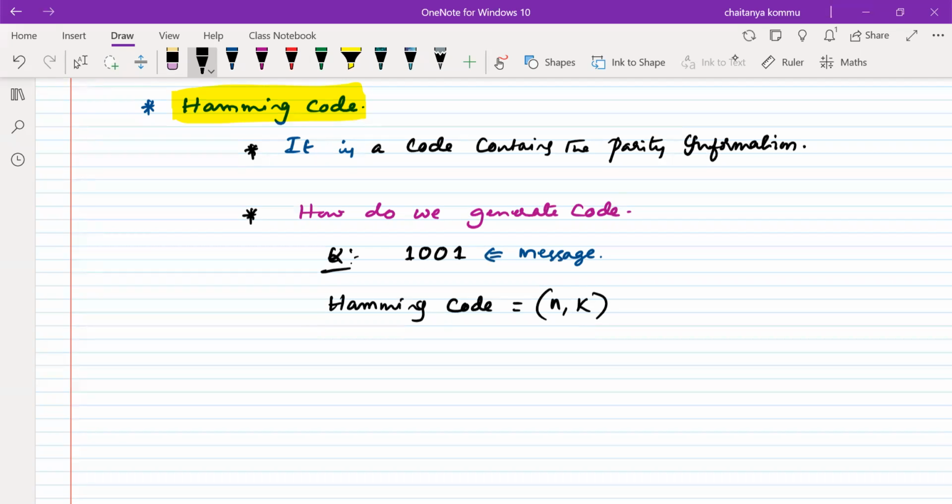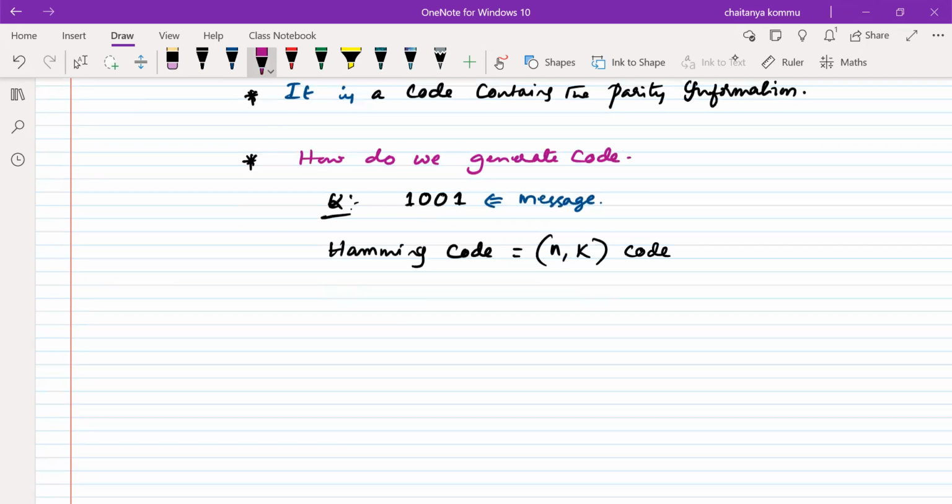So the (N, k) code is also called a Hamming code, where N stands for the total number of bits, where k stands for the number of message bits. Right?